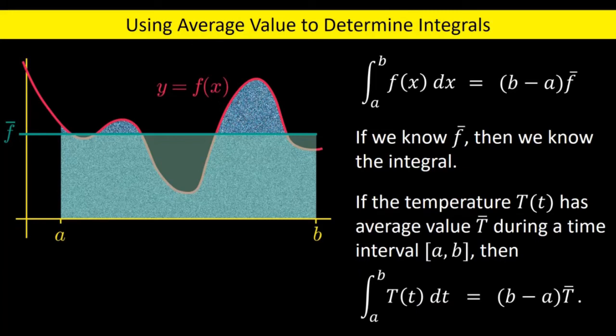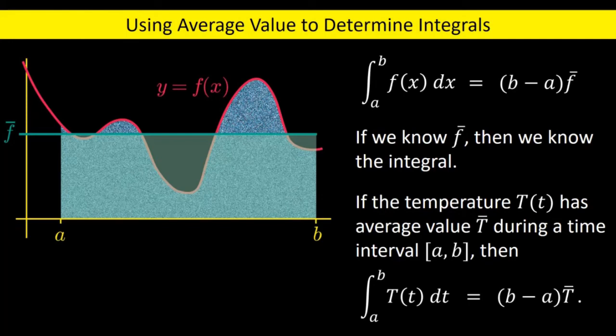For example, consider the temperature, capital T, at various times little t throughout the day. How do you integrate this function? Well, if you know the average temperature during the day, you just multiply that by the length of the time interval. This is, of course, assuming that you happen to know the average temperature during that time interval.